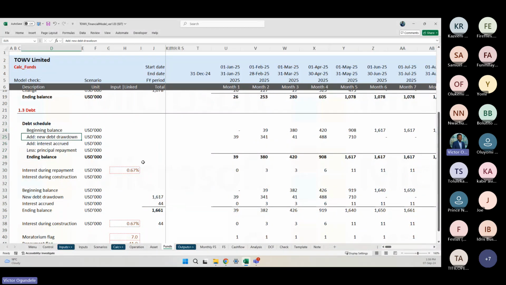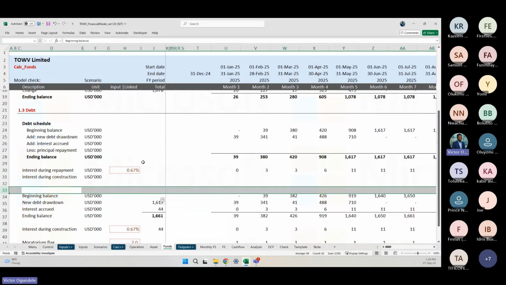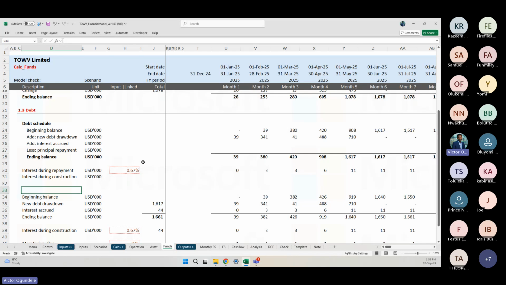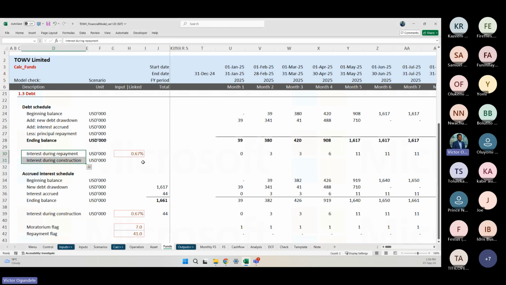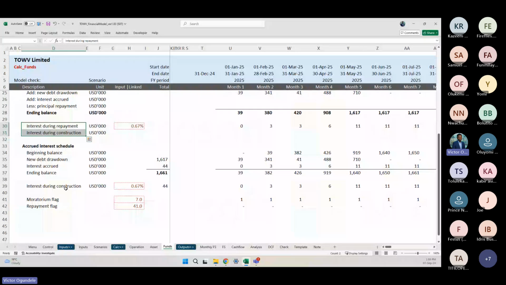Then the other schedule that we created, I think we should call this one accrued interest schedule. As I said, the reason why we've separated it is one, it's easy for someone to understand, and to also avoid circularity.